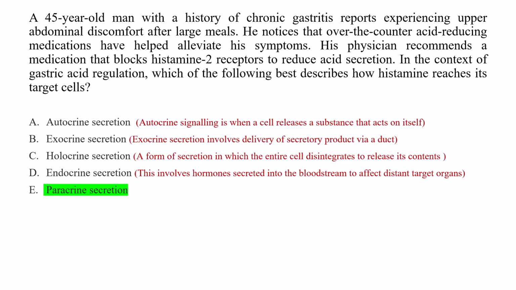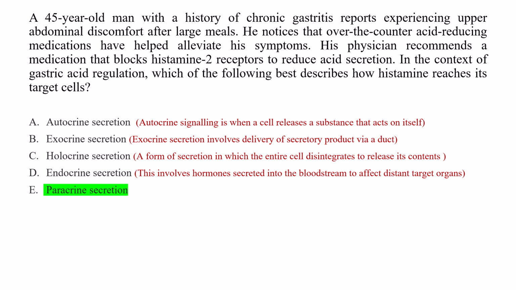Let's have a look at why the other options are incorrect. Option A is incorrect because in autocrine secretion, the secretory cell is also the target cell, in which a cell releases a substance that acts on itself. And option B is incorrect because exocrine secretion involves delivery of the secretory product via a duct, for example, pancreatic enzymes.